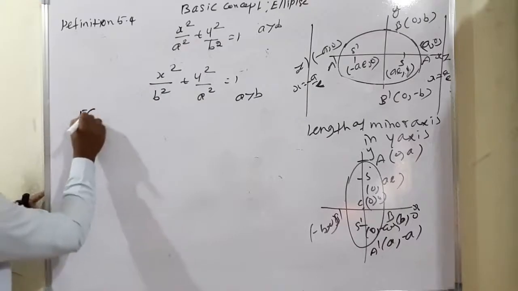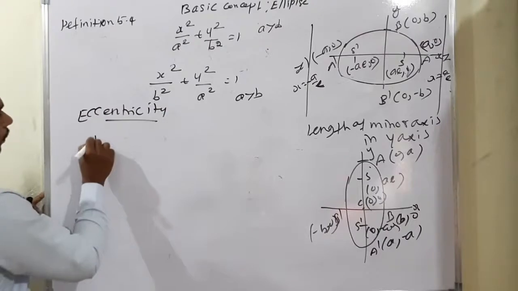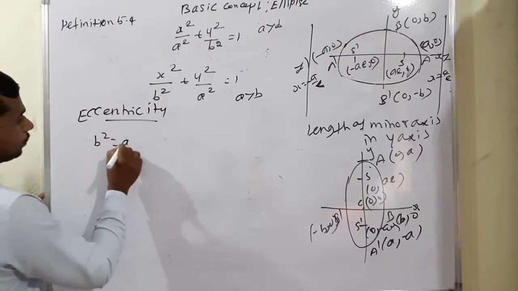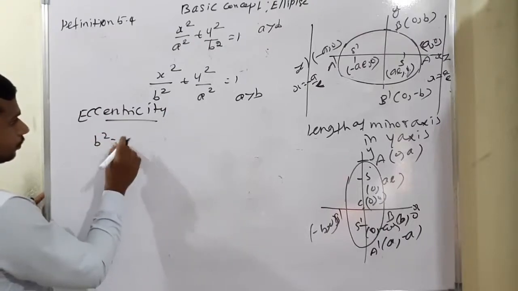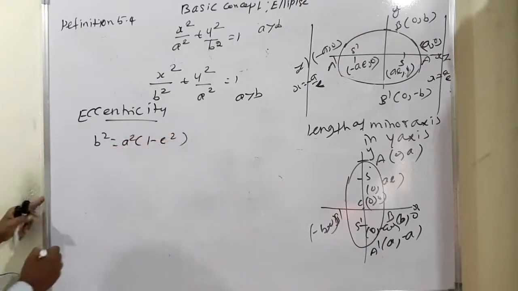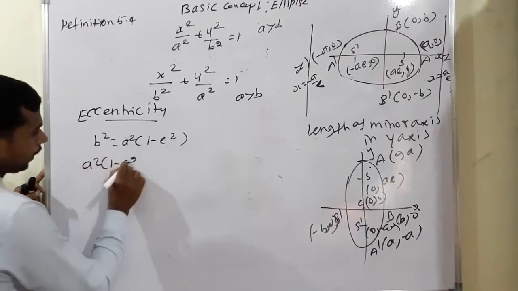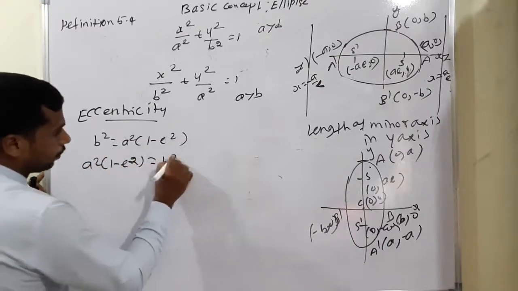Then how to find out the eccentricity? We already know the condition, B square is equal to A square into 1 minus E square, isn't it? Now interchanging the whole term, A square into 1 minus E square is equal to B square.